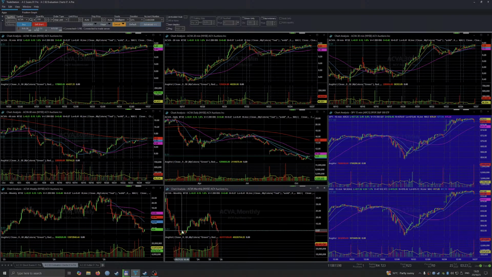It stayed there from about July, August 22 until about February or March 23, when it broke through the $10 mark and then went upwards. But it seems to have a problem going through the $10 mark, at least on the way up.